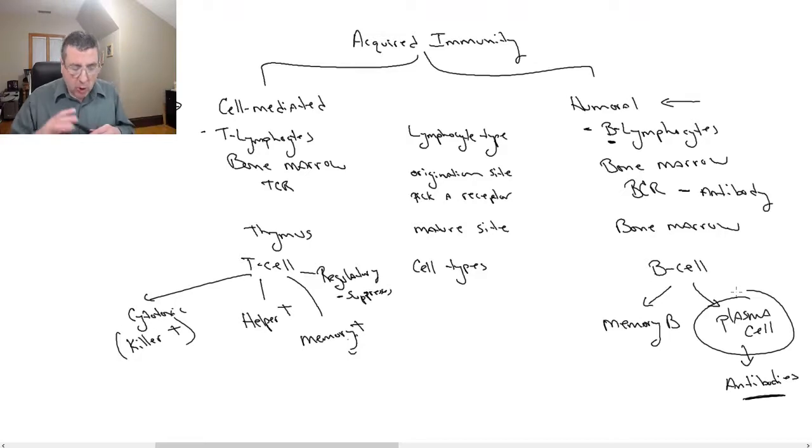So with this being said, go through this, make sure you understand where they originate from and the different types of cells associated with them. When we get into the next process as to how a T cell works and how a B cell works, some of these names will come back in those videos. So stay tuned.